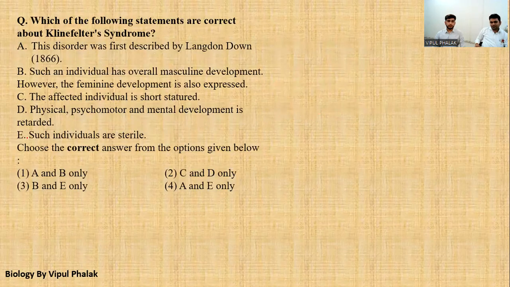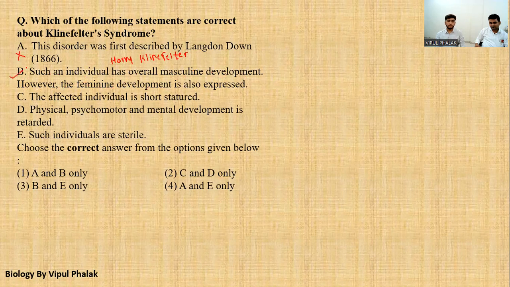Now we have to select the correct statements about Klinefelter syndrome. We'll see statement A: this disorder was first described by Langdon Down in 1866, which is a wrong statement, as this disorder was described by Harry Klinefelter. Second, B: such an individual has overall masculine development, however, the feminine development is also expressed.